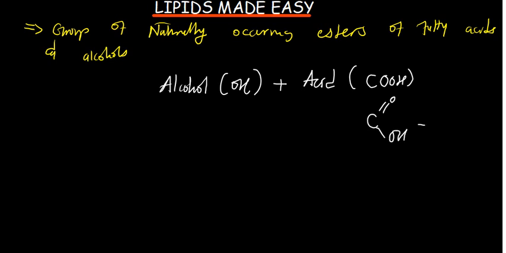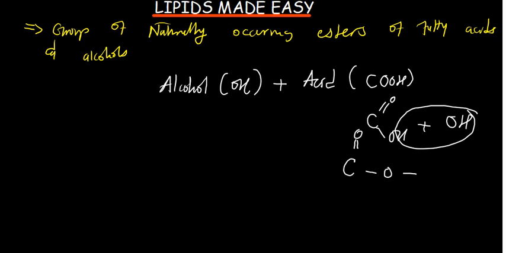If this group reacts with the OH group, you are going to form water, and then you have C double bonded with oxygen, and an oxygen here. This can be bonded to different things on this side, and on this side too. So this is an ester linkage.